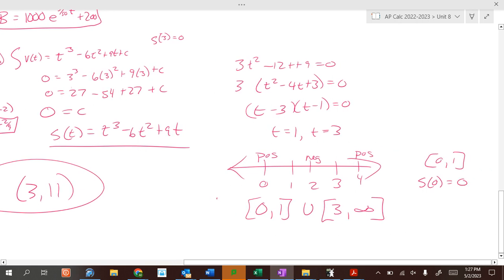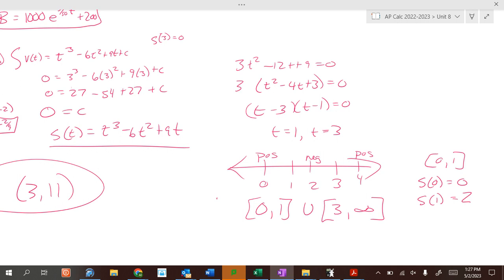S of 1 is 1 minus 6 plus 9, which is 2. 1 minus 6 plus 9 should be 2.